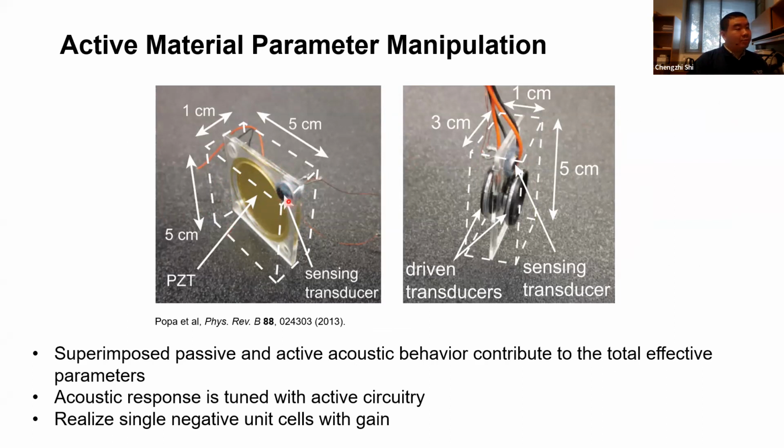Once we read the signal from the sensor, we can send the signal through the circuit, and then through the feedback, we can adjust the output of the transducer and adjust the effective medium parameter of this unit cell such that we can achieve an artificial gain for acoustic metamaterial.